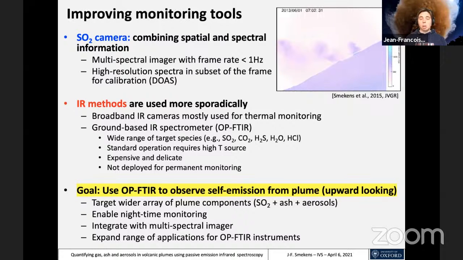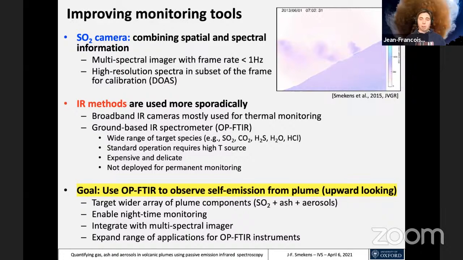So the goal of our approach was to try and use the OpenPath FTIR to observe the self-emission of radiation from a drifting plume. So looking upward with a cold sky background. The advantages would be to target a wider array of plume components when compared to the UV methods that are usually used for this in this configuration.